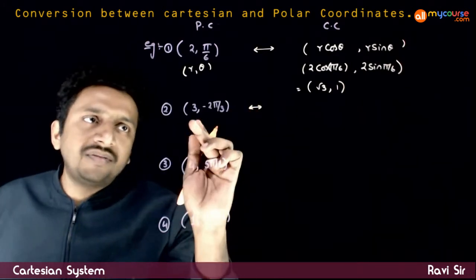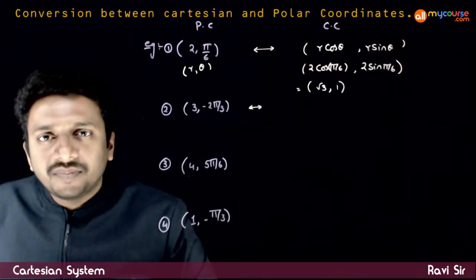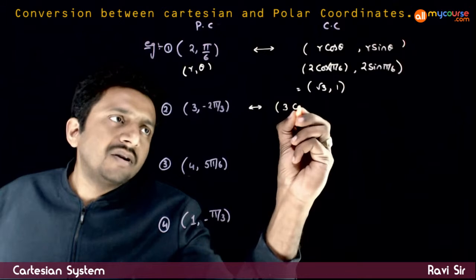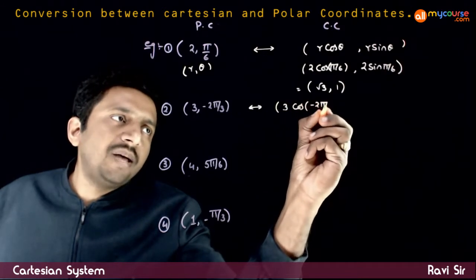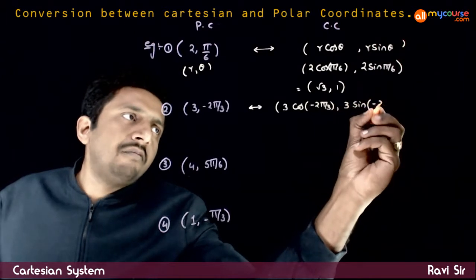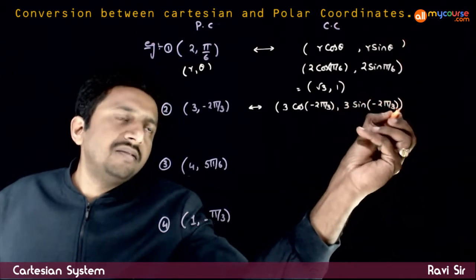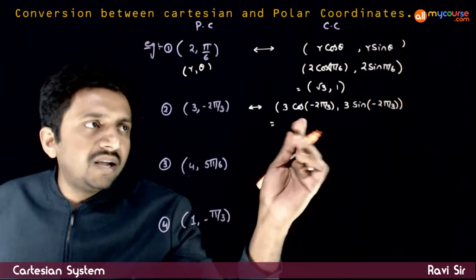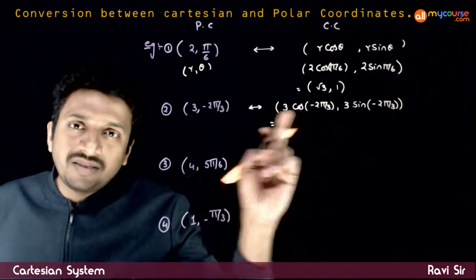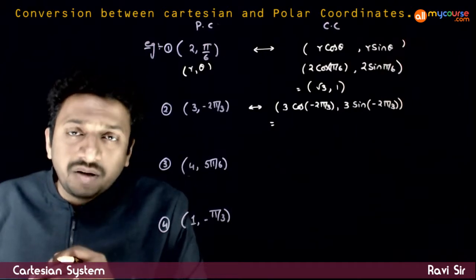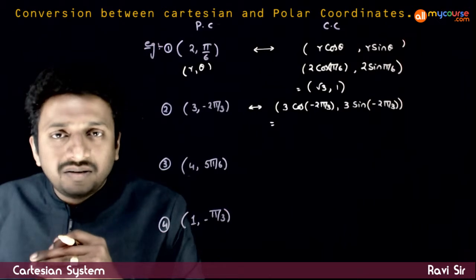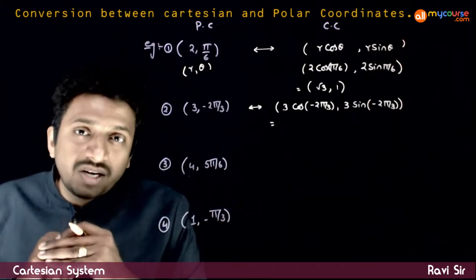Next, if you have 3 comma minus 2 pi by 3, again the formula is same. 3 times cos of minus 2 pi by 3 and 3 times sine of minus 2 pi by 3. Cos minus 2 pi by 3 is the same as cos plus 2 pi by 3, because the sign of theta doesn't matter in cos. And 2 pi by 3 is 120 degrees.